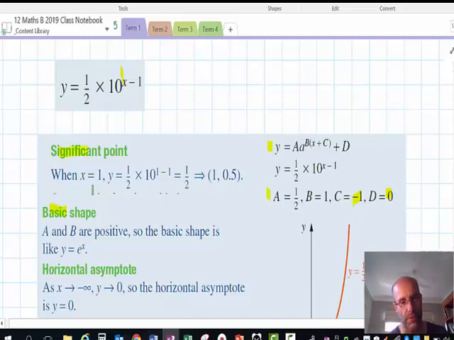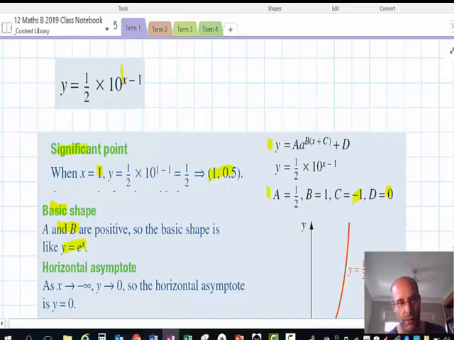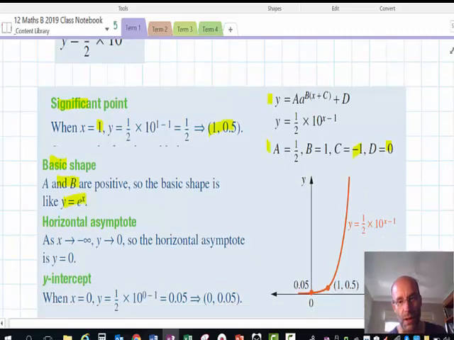Looking at the basic shape and using a significant point to assist us here, again a and b are positive, so the shape is like our typical y equals e to the x, with that regular positive rising shape. The significant point: when x equals 1, y equals 0.5, which will guide us in terms of the shape. Horizontal asymptote, there are a couple of ways of thinking this through.